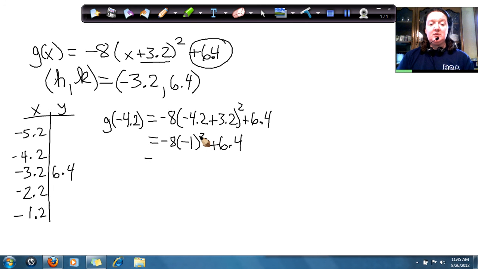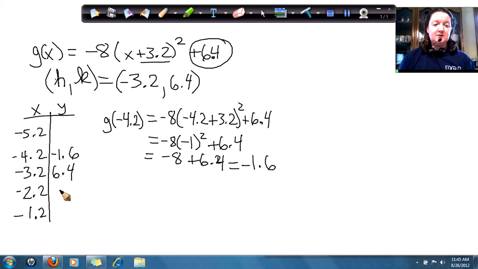Negative 1 squared is 1, and 1 times negative 8 is negative 8, and we're adding 6.4 to that. Let's plug it into our calculator: if I have negative 8 and I add 6.4, I'm going to get negative 1.6.